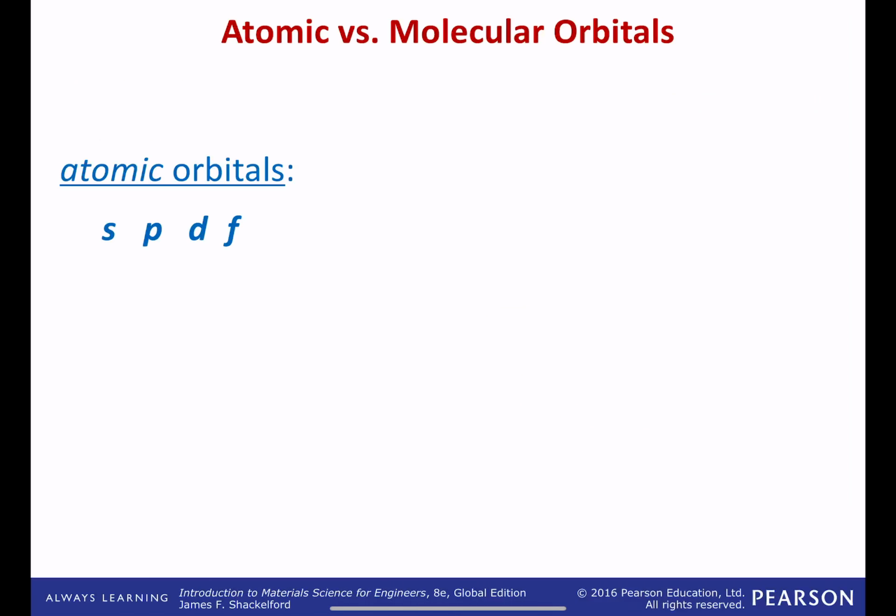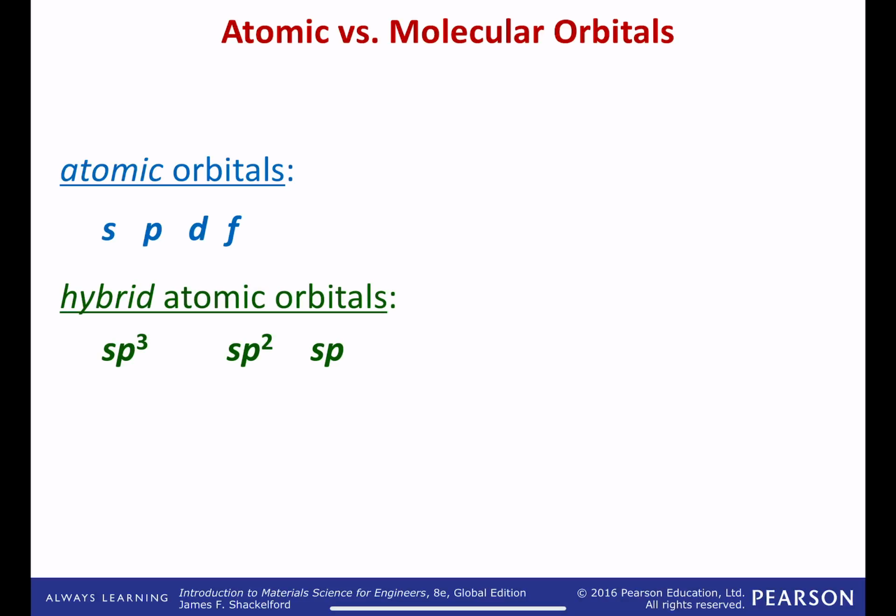Okay, so given where we were before with atomic orbitals, we saw that there are s, p, d, and f orbitals at certain principal quantum numbers. And when we consider the idea of hybridized atomic orbitals to lend to the geometry and the covalent bonds that we often see in materials, we have hybrid atomic orbitals now.